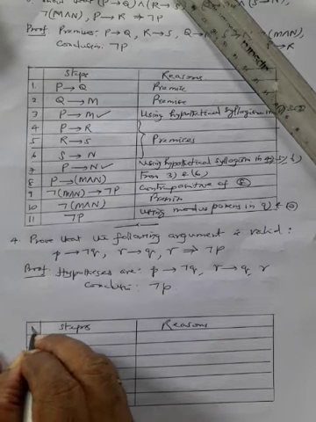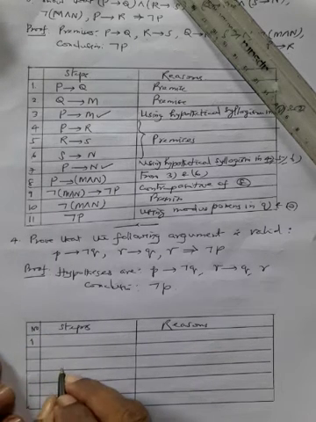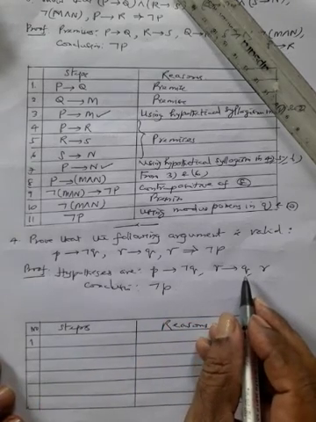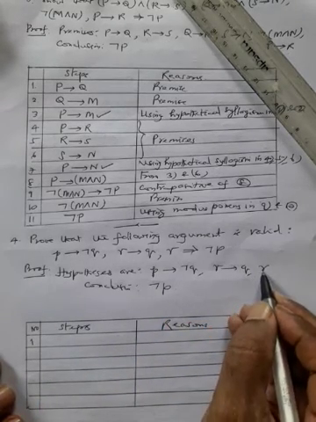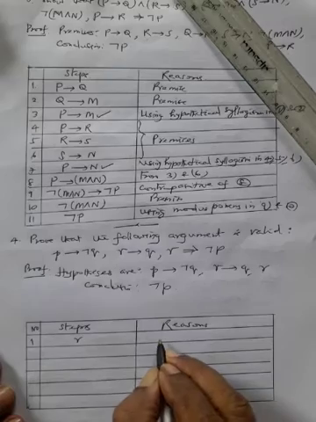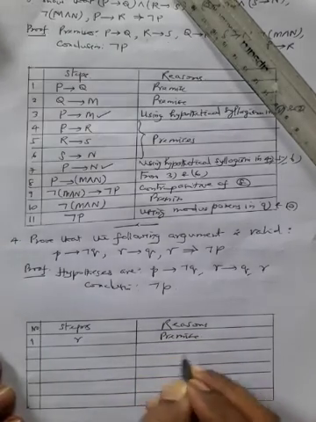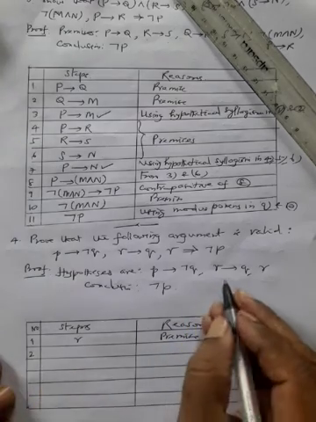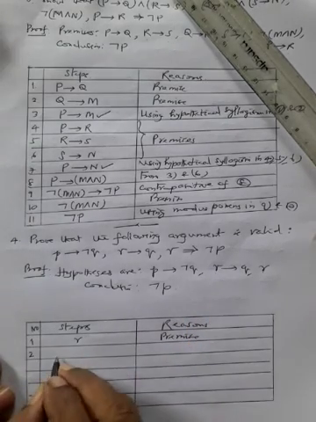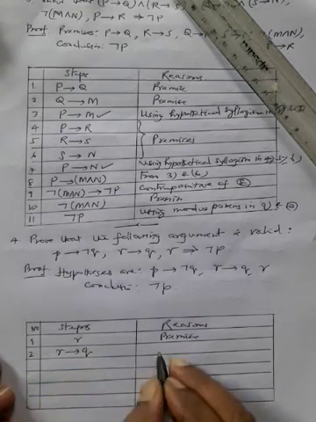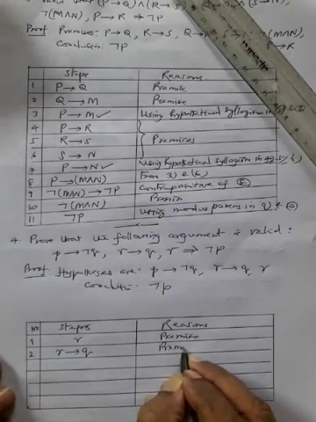Step 1. Now among the hypothesis or premises, single letter R is coming separately, so we'll have to take that first as premise. Then here it is involving R conditional Q. This is also a premise.